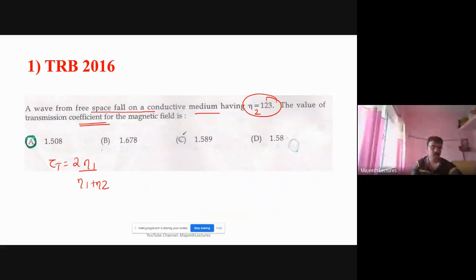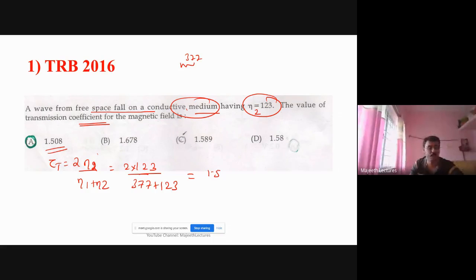Okay. So what is 2 eta 2? 2 eta 2 is 2 into 123 divided by eta 1 plus eta 2. The first medium is free space, so eta 1 is 377. So 377 plus 123 is 500.